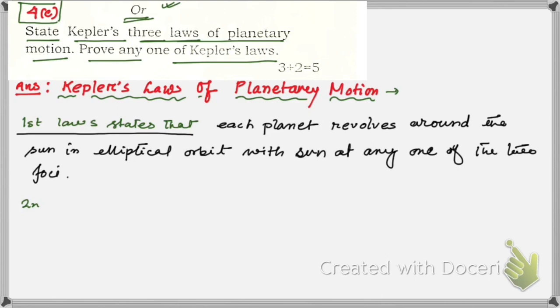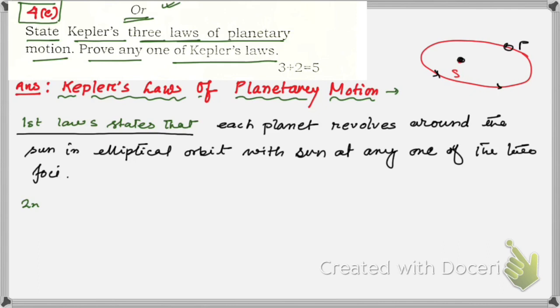That means a planet, this is the sun suppose, and a planet revolves around the sun in an elliptical orbit. We know that an ellipse has two foci, and the sun must be located at one focus. That is the statement of the first law.